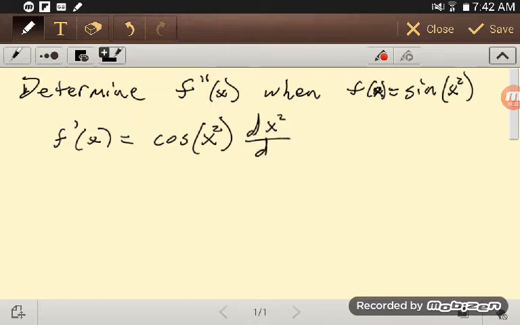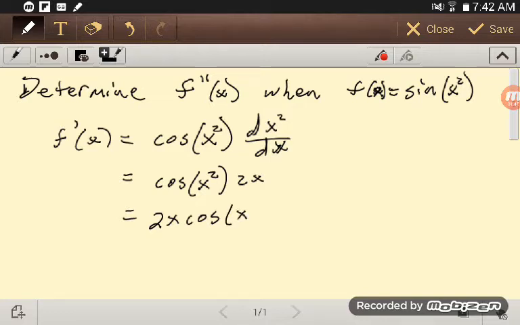if you wrote something like this, where you're showing you're taking the derivative using the chain rule, and then you could say this is equal to cosine of x squared times 2x, and then probably you should rewrite it as 2x cosine of x squared, like that.